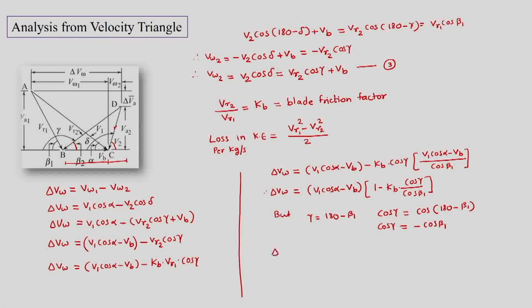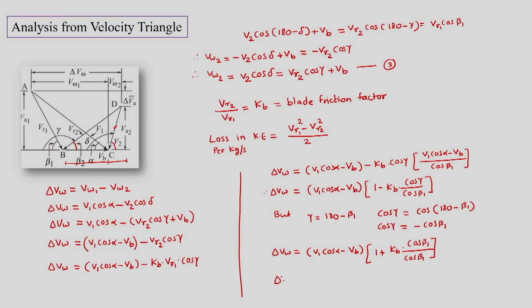So if we put it in, delta VW is equal to V1 cos alpha minus VB into 1 plus KB into cos of beta 1 divided by cos of beta 1.